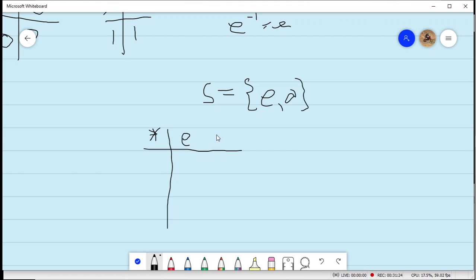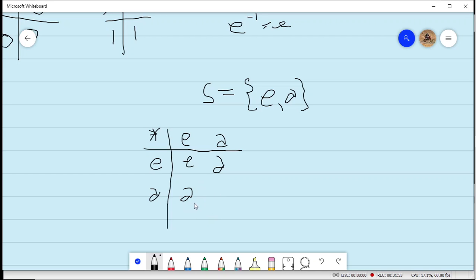The elements are E and A. Since E is the identity element, E operation E must be E, and E operation A must be A by definition of E. In a similar manner, A operation E must also be A.